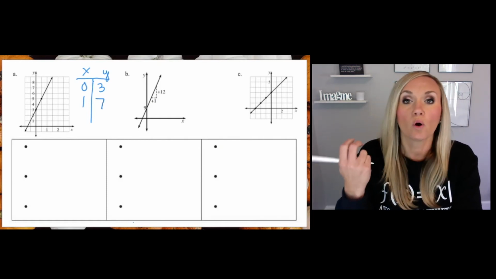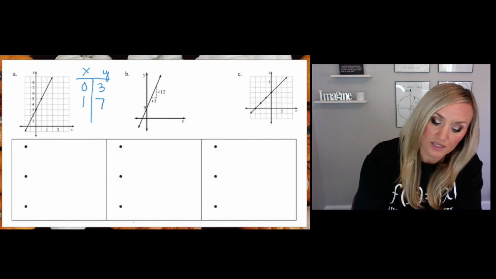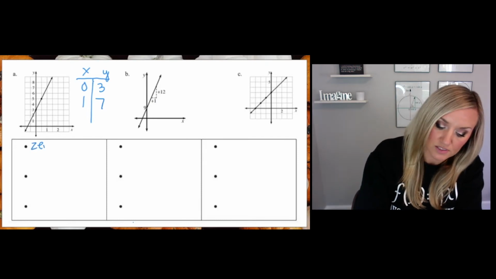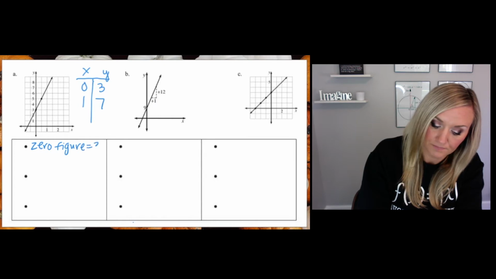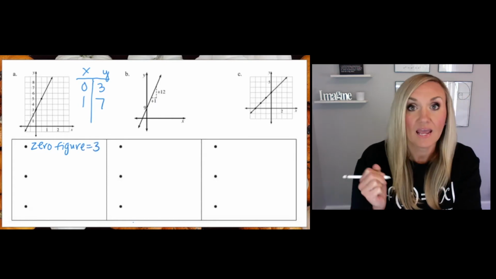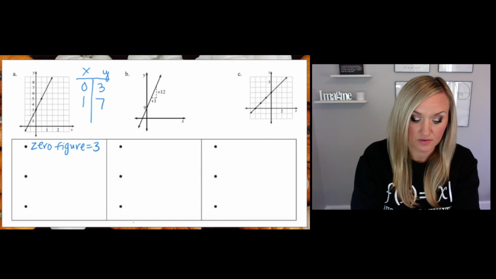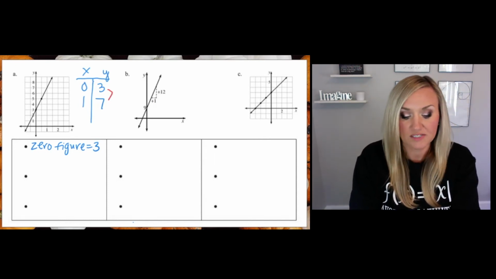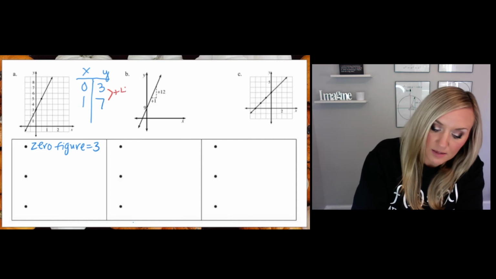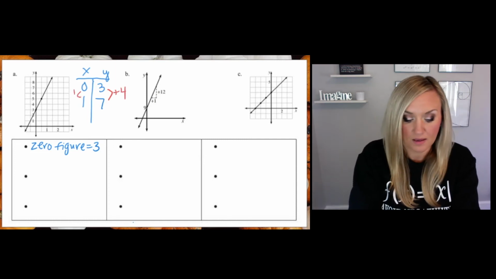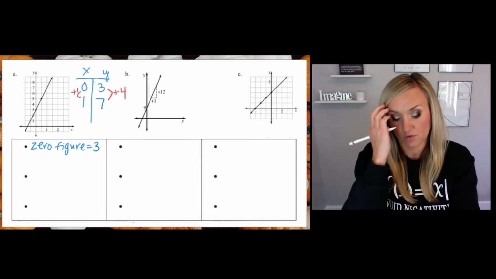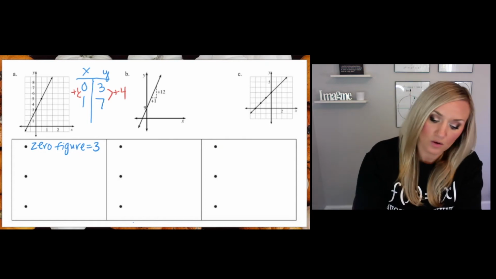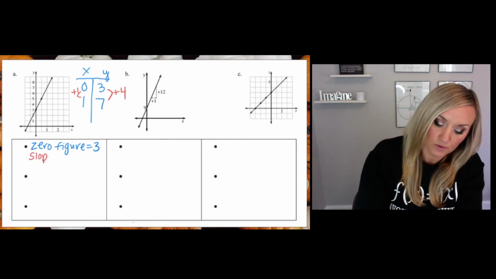All right, so our zero figure is 3. And let's see how this line is changing. So from 3 to 7, that is a plus 4. And 4 over 1 is 4. So we know that the slope is 4.